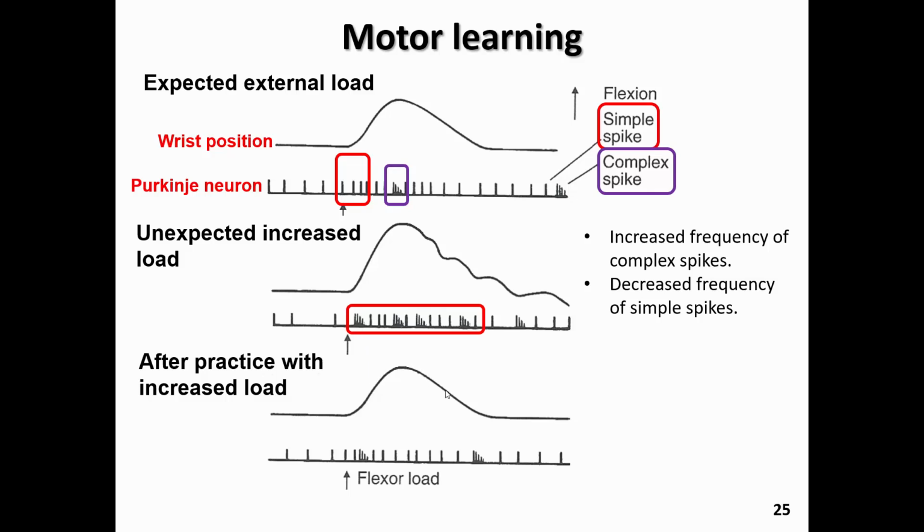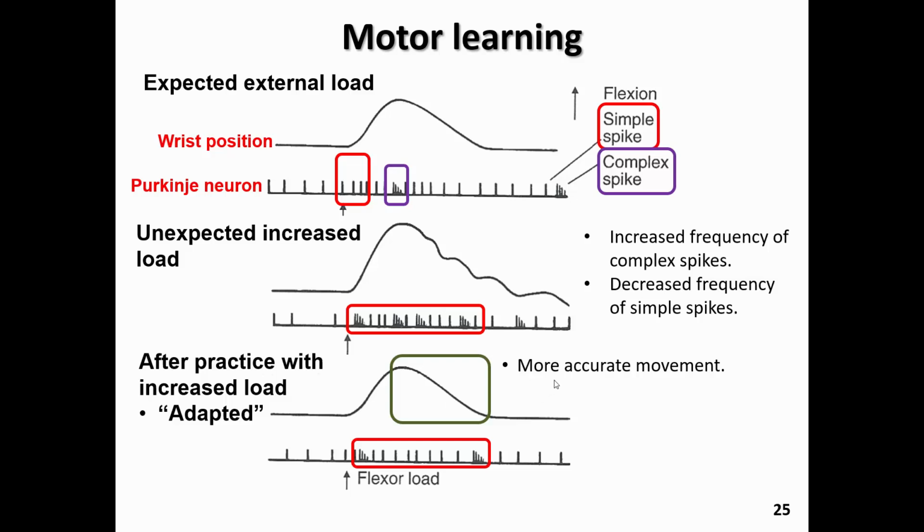So the movement has been smooth and achieves a much greater degree of coordination. And in terms of the pattern, we can say that the person has adapted or accommodated to that increased load by practicing. And so practice will basically produce more accurate movements.